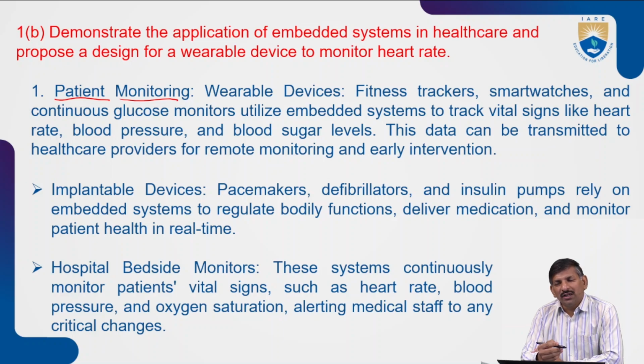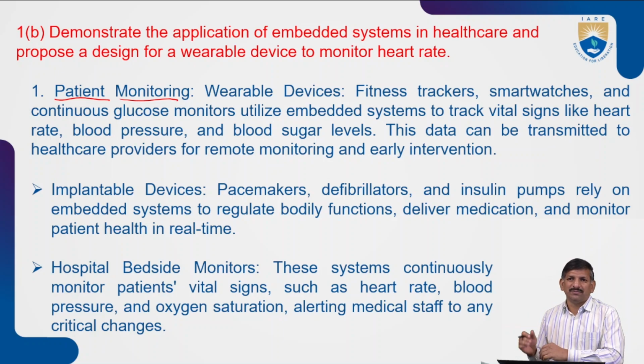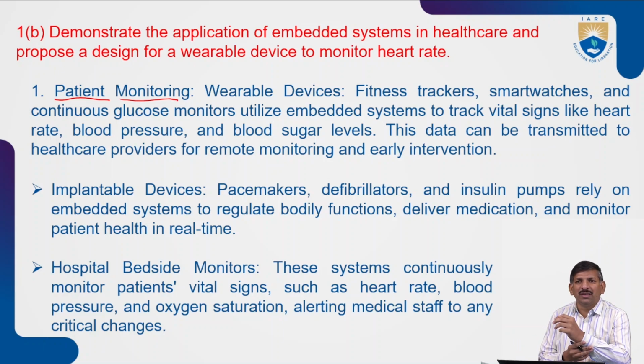Nowadays the human population increases, but we don't have that much hospital facility. That is one of the reasons. Whenever we go to the hospital, we need to wait in the queue for much time. To reduce that, we use wearable devices to monitor ourselves, like heartbeat. Nowadays we get smart watches, worn on the left hand, which continuously display our heartbeat.